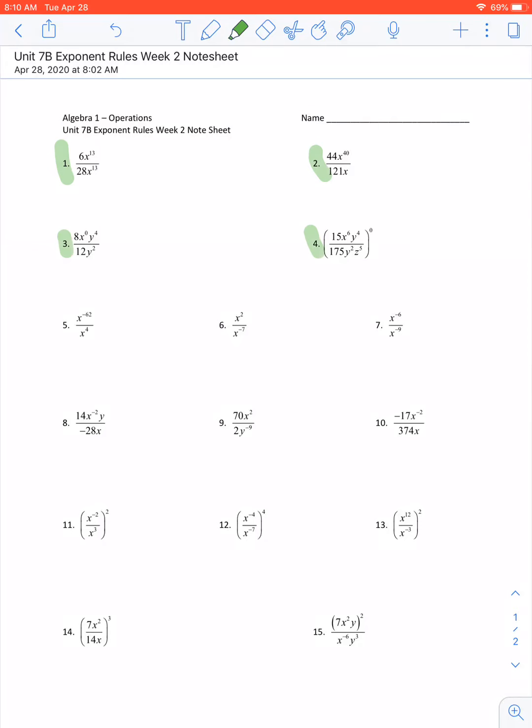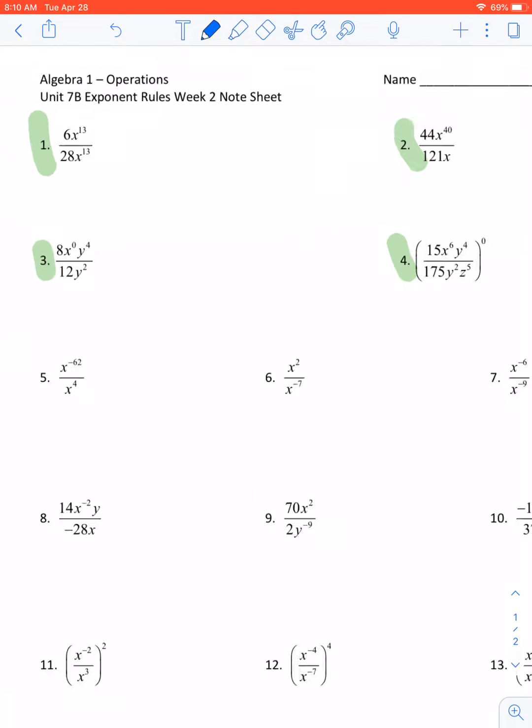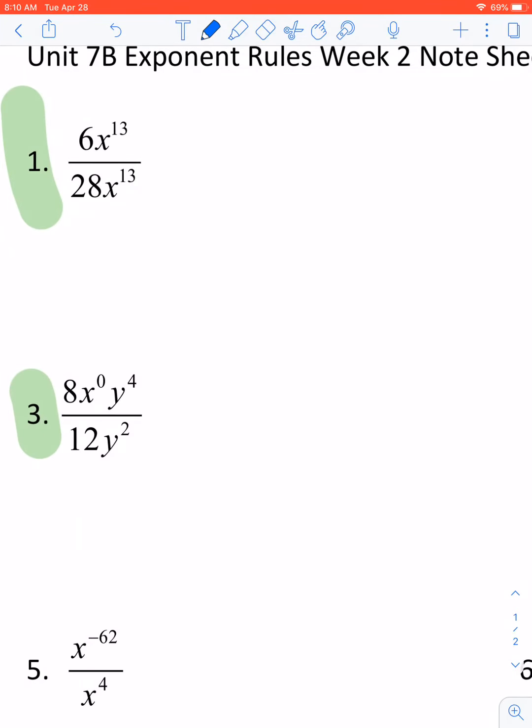So a little bit of review from last week, where we used the quotient property. I have 6x to the 13th divided by 28x to the 13th. What I need to do first is my numbers, just like I have before. What can 28 and 6, what goes into both of those? Well, they both go into 2.